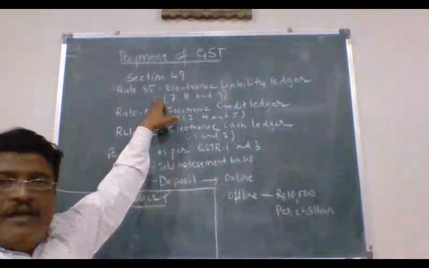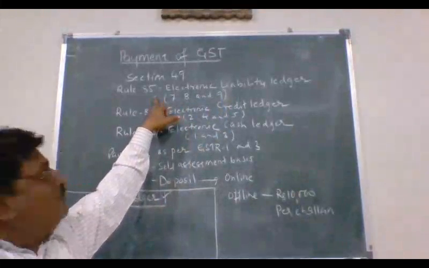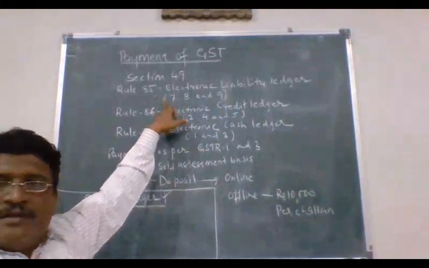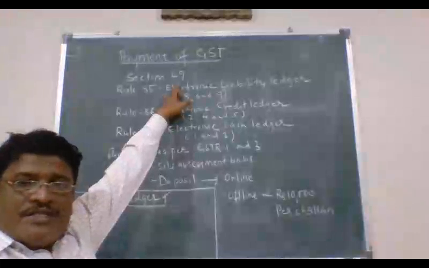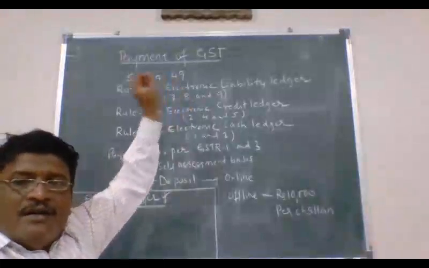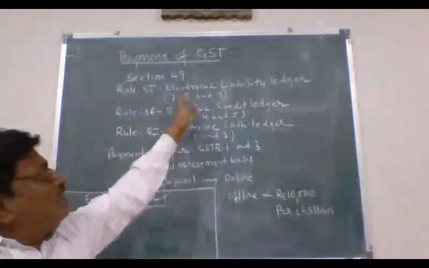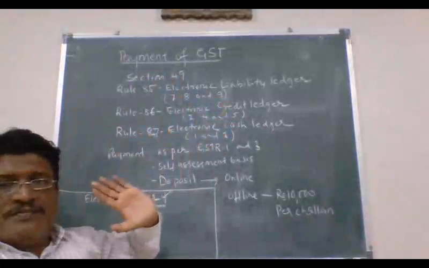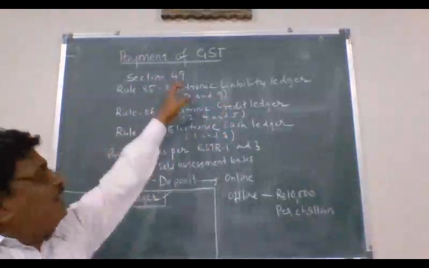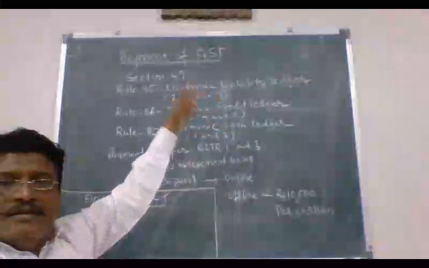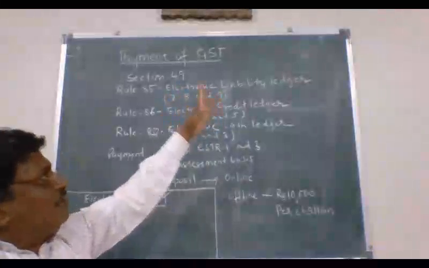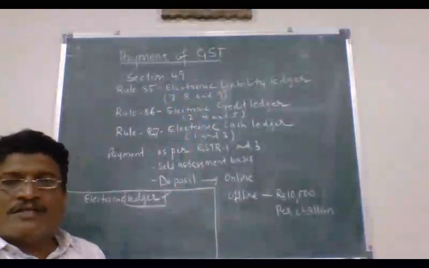Rule 85 of Chapter 9 of the CGST Rules and Section 49 of the CGST Act deal with the electronic liability ledger. Under Section 49, subsections 7, 8 and 9 deal with the electronic liability ledger.